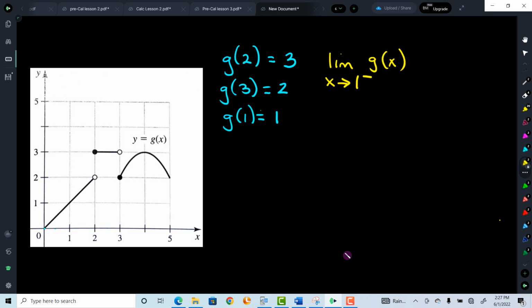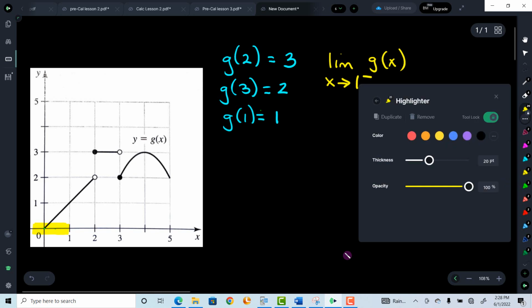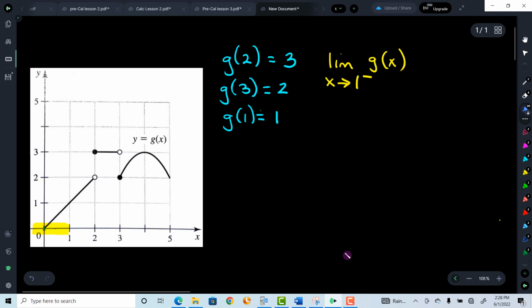That means to look at the x values coming from the left. What are the y values doing? So as x comes from the left, y is going up like this. And what is it approaching? Well, y is actually approaching 1.